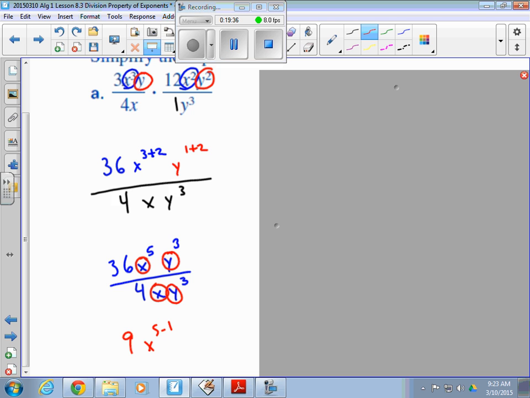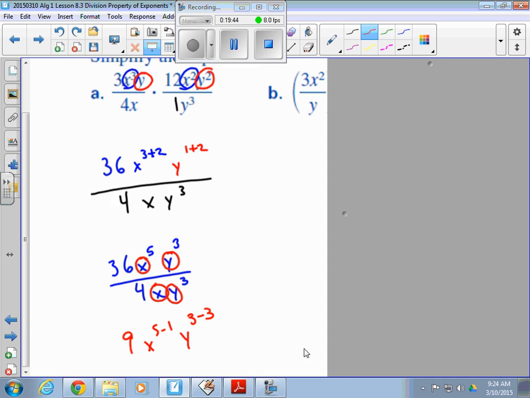Y and y is going to be 3 minus 3. That'll be 9x to the 4th, y to the 0. There's no reason to write y to the 0 because it becomes 1. 9x to the 4th is the simplified answer for that one.